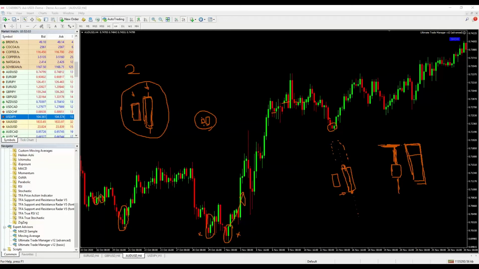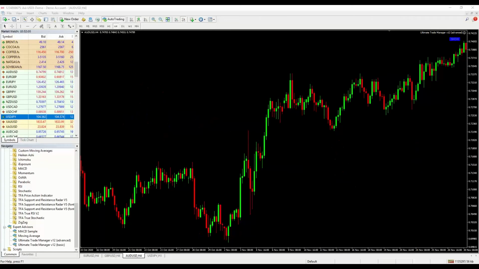when it comes to our dragonfly and tombstone candlestick formations, right? Like one over here and one over here, right? The way this works is that there should not be any body at the bottom, okay? Or should be a minimum body at the bottom, minimum body at the top, right? Because if there's more of a body here, it becomes a doji, right?